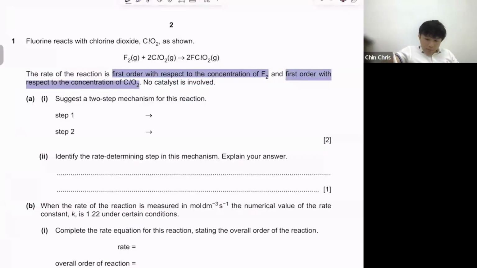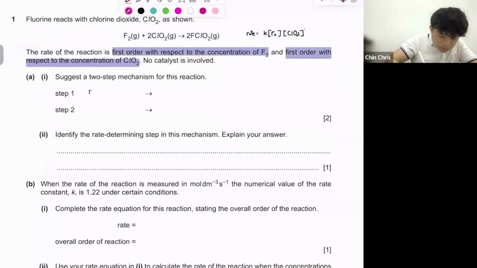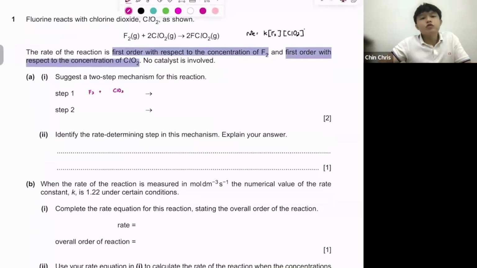So I know that my rate is k[F2][ClO2], which means any of your steps should have one F2 and one ClO2. So guys, my first step must be F2 plus ClO2.